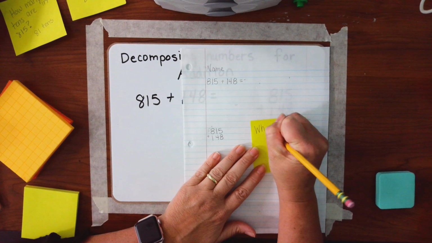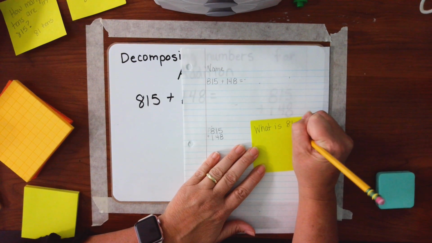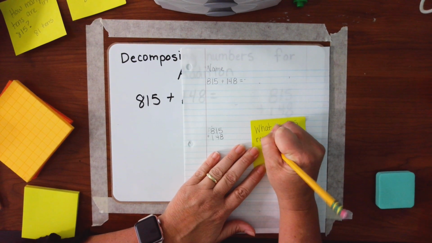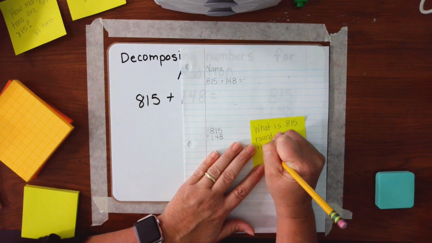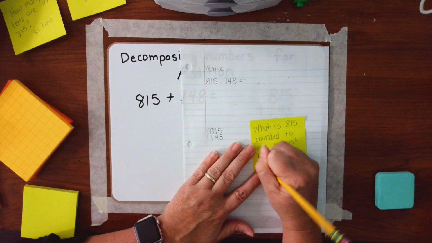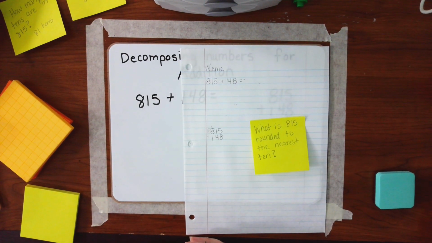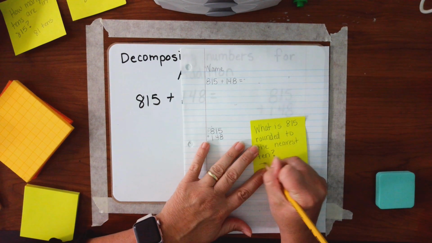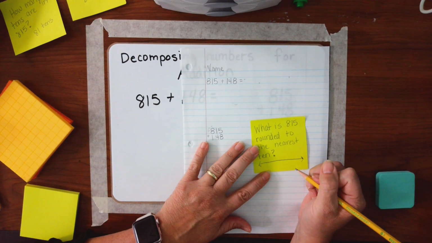What is 815 rounded to the nearest 10? First thing you have to do is draw that open number line, or think about it in your head, one of the two.